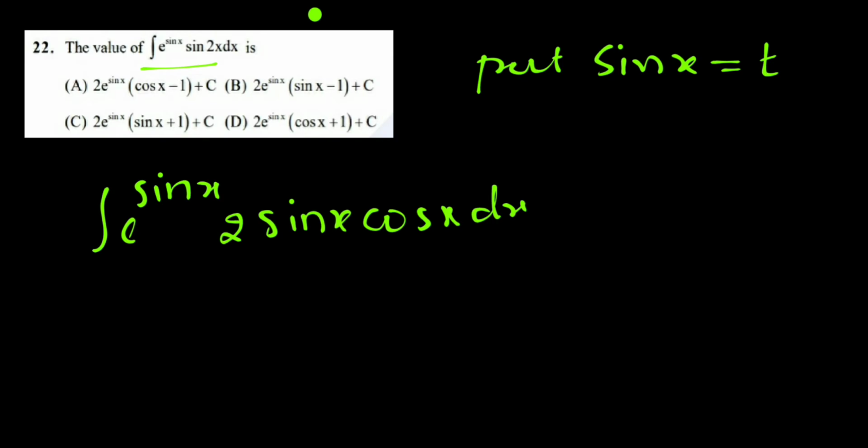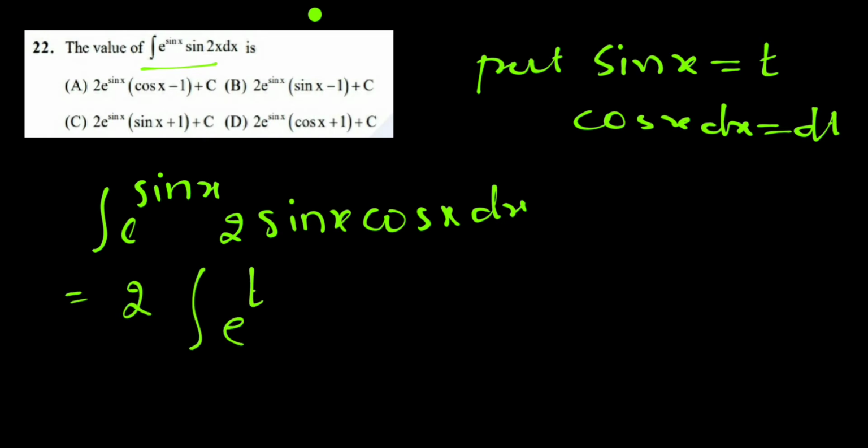Differentiating with respect to x, you will get cos x dx is equal to dt. So now, 2 integration of e power t, where sin x is t and cos x dx is dt.